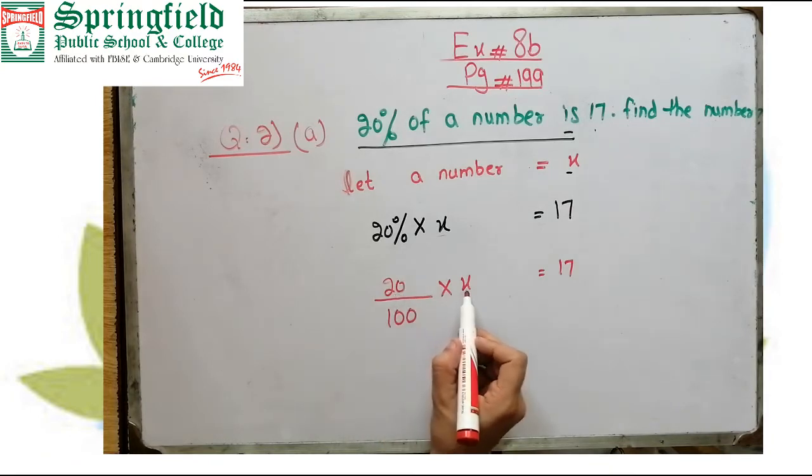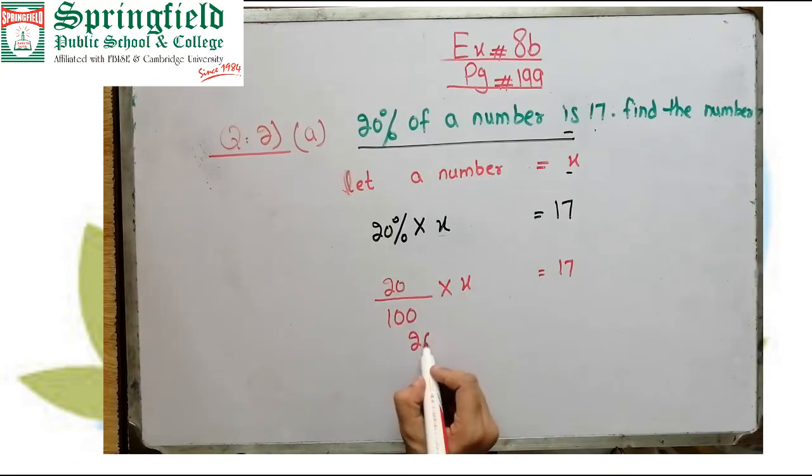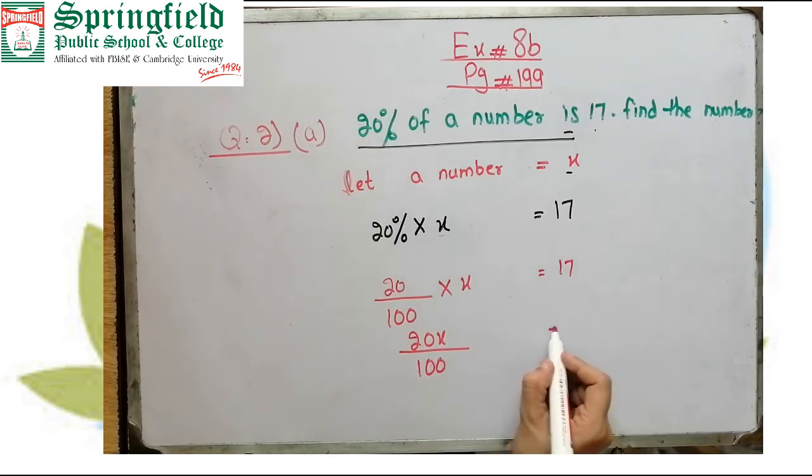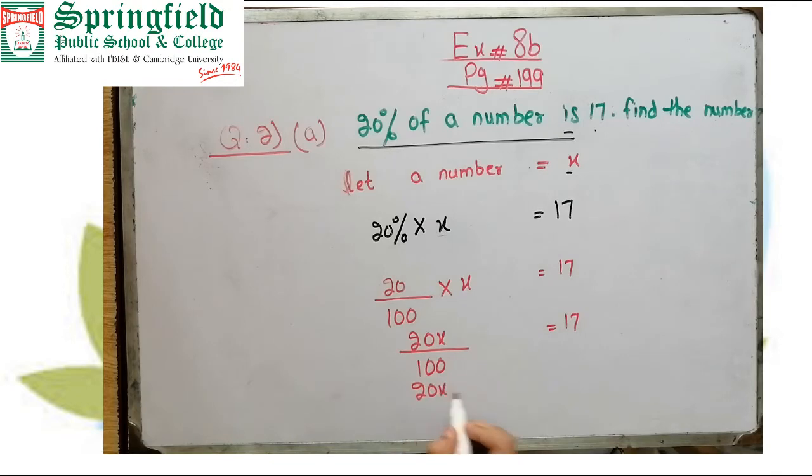So 20 multiply with x, it will become 20x, then 100 is equal to 17. So 20x, 100 will shift to the right side, and 100 is here in division form, and when 100 is converted to the right side, it will multiply with 17.